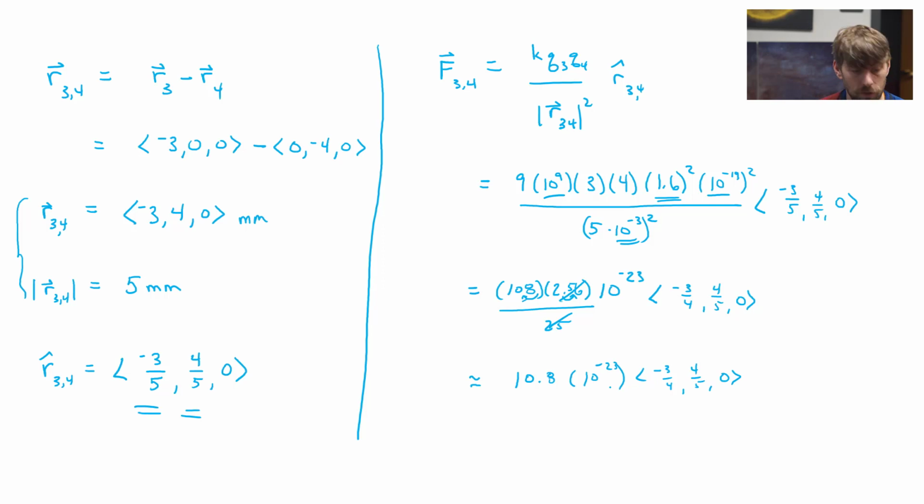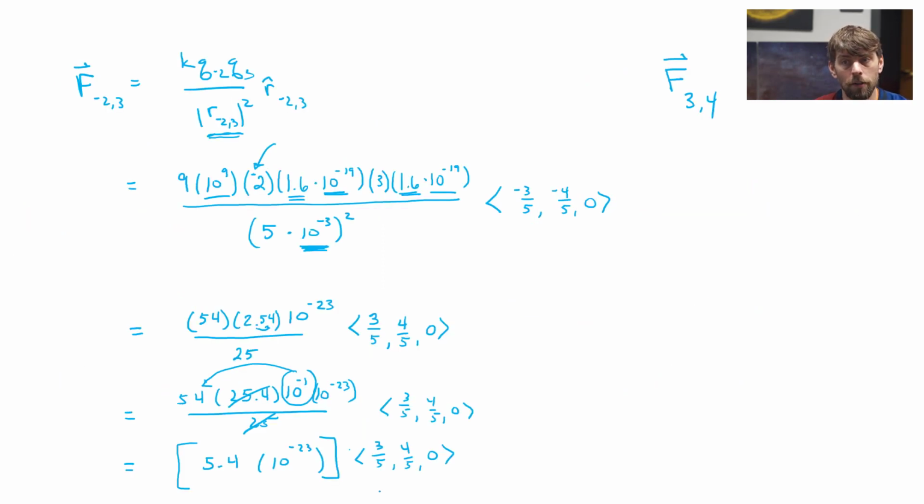Now, one of the things I'll point out to you, notice how this one points not in the first quadrant. The past problem, I should highlight, had positive x direction, positive y direction, so this force was pointing towards the first quadrant.